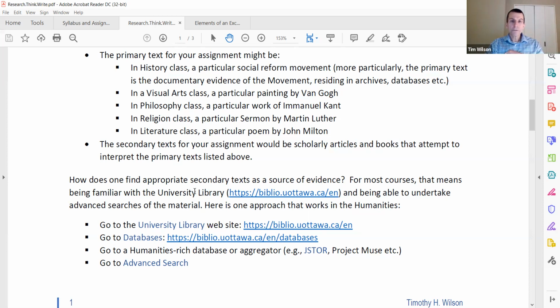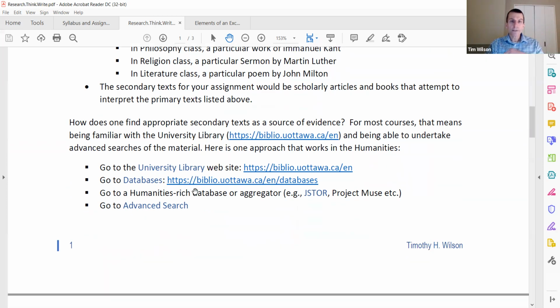So how do we find appropriate texts as sources of evidence? Obviously, if we're undertaking this line of gathering evidence, the library is a choice place to start. Given the pandemic, you probably have not had a chance to visit it in person.